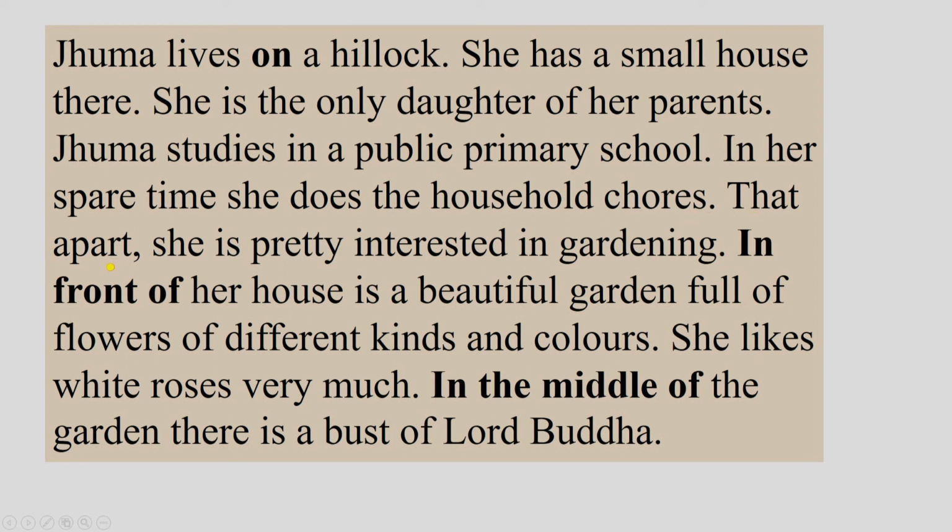That apart, she is pretty interested in gardening. In front of her house is a beautiful garden full of flowers of different kinds and colors. She likes white roses very much. In the middle of the garden, there is a bust of Lord Buddha.